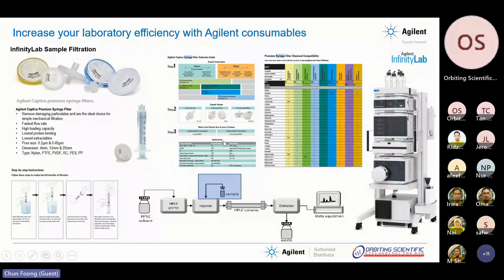So here we have a guideline on how you select the membrane. It depends on the solvent compatibility. Overall, PTFE may be a good membrane that we can choose because it is compatible with most types of solvents.